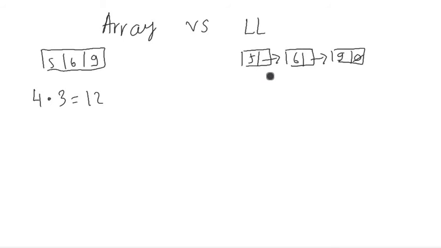But in the case of linked lists, every element has a key and a pointer. So this is an additional memory usage. So in this sense, linked lists lose to arrays.